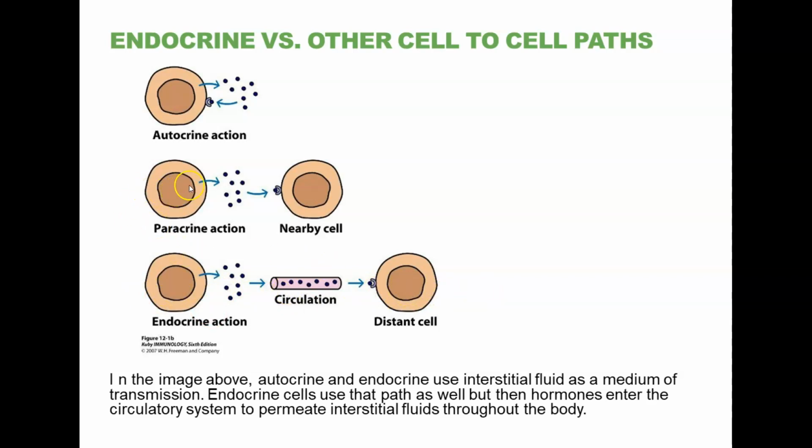Some other versions of the same idea are paracrine actions, where one cell is influencing a nearby cell through the interstitial medium, but not through the circulatory medium. And then finally, there are cells, for instance in your immune system and a lot of other tissues in your body, that under certain conditions release signal molecules that bind to receptors on the cell itself and influence its behavior.